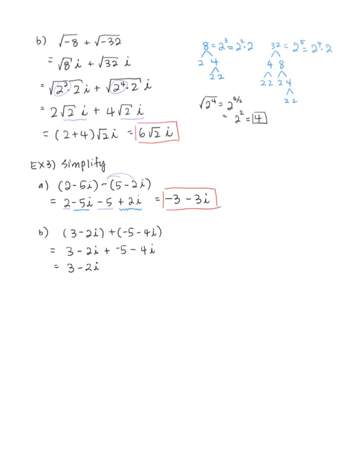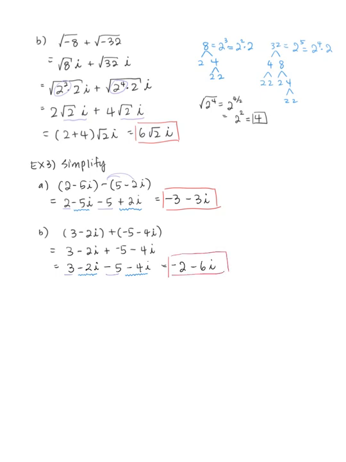A positive and negative in a row is going to make it a negative 5, and then here you're going to have minus the 4i. Alright, so let's do the same thing. Combining the real parts, we got 3 minus 5, which is negative 2. And for the imaginary part, we have negative 2i minus the 4i, so in this case, we're going to have negative 6i. And that's it. That's going to be the answer.